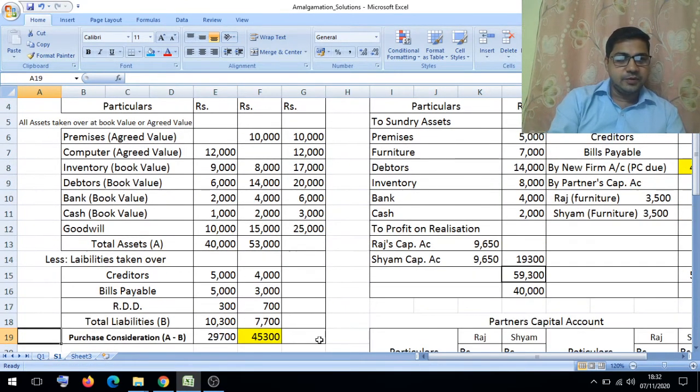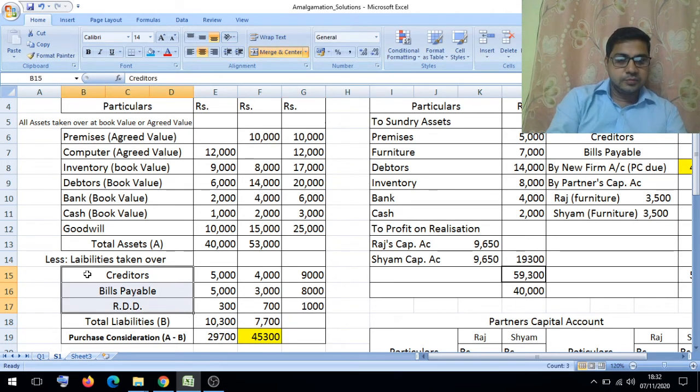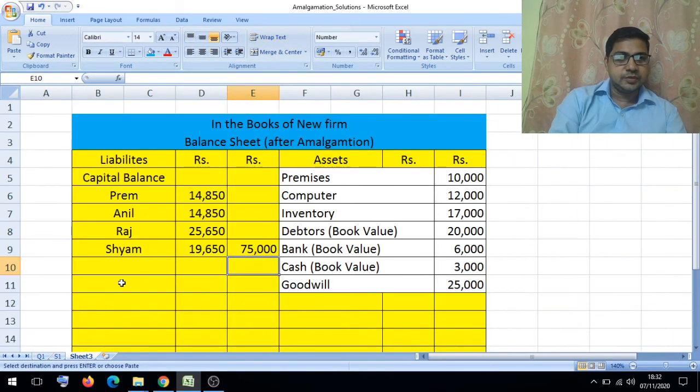Then friends, in the purchase consideration we also have to consider the liabilities values. Creditors 5,000 plus 4,000, 9,000. Then bills payable 5,000 plus 3,000, 8,000. And RDD is 1,000. We copy this and put it on the liability side.